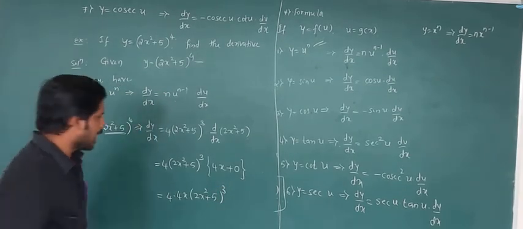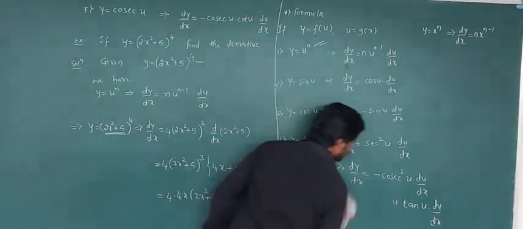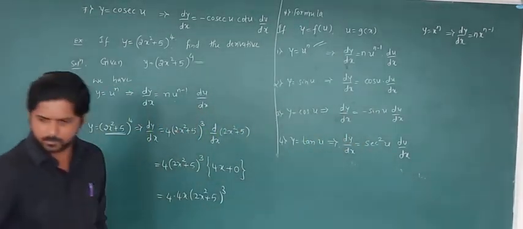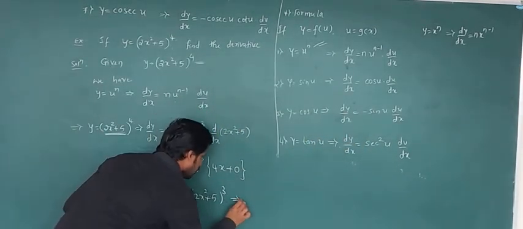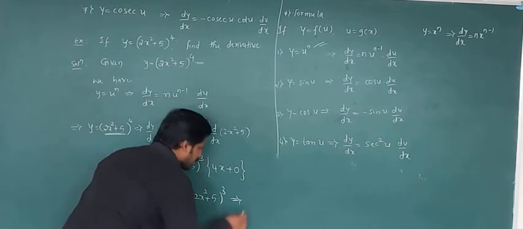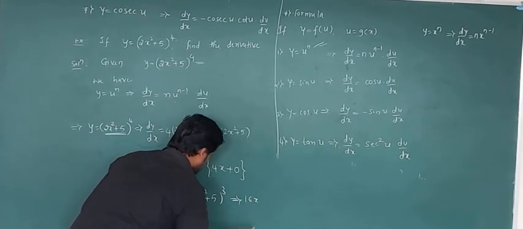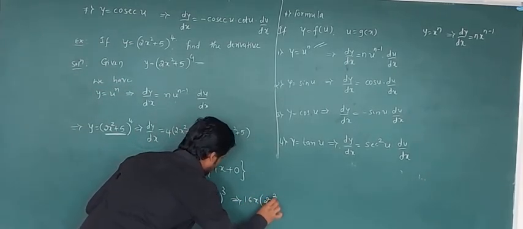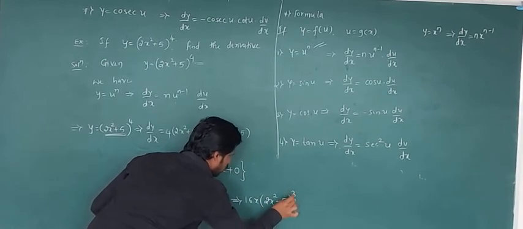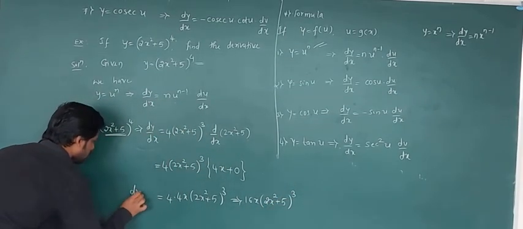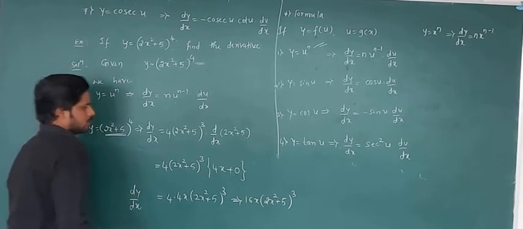So this implies we have 4 into 4, 16. So 16x into 2x square plus 5 whole cube. This is our solution, dy by dx. Note it down.